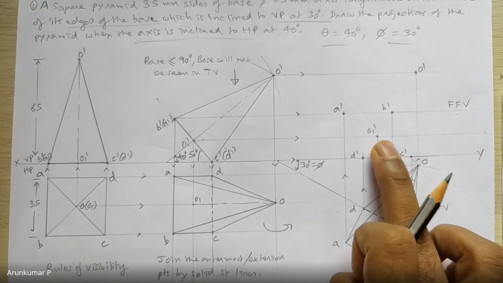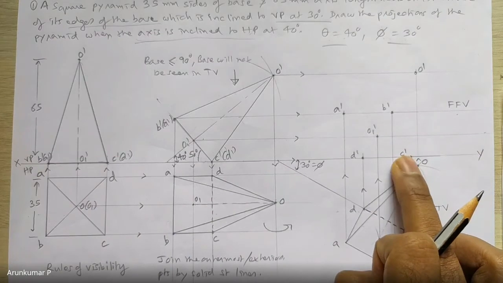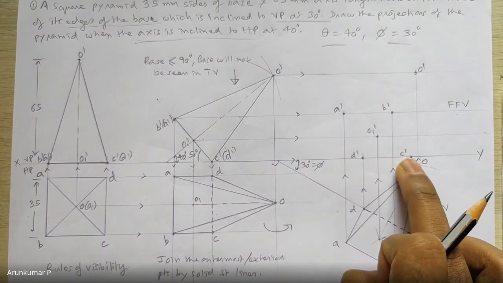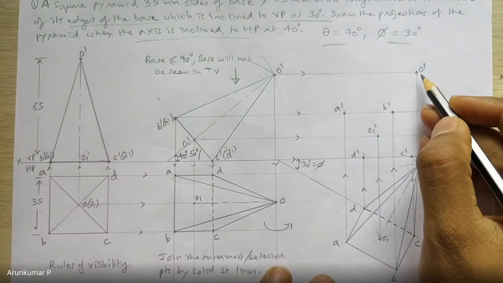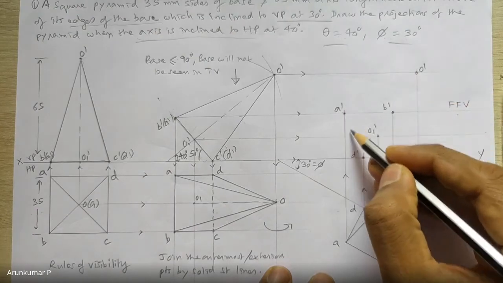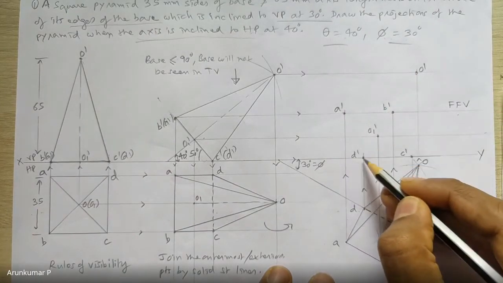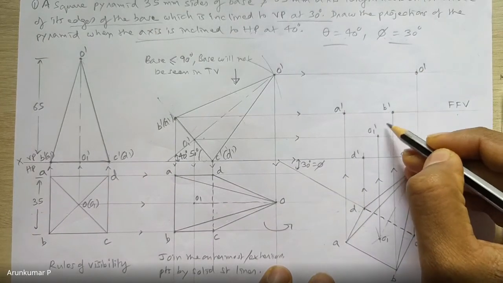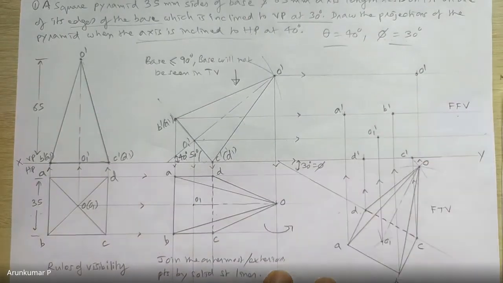D dash. Okay. C dash or O1 dash? C dash. Yes. So that means what? O dash, A dash, D dash, C dash. These are the 4 outermost exterior points. B dash and O1 dash are interior points.